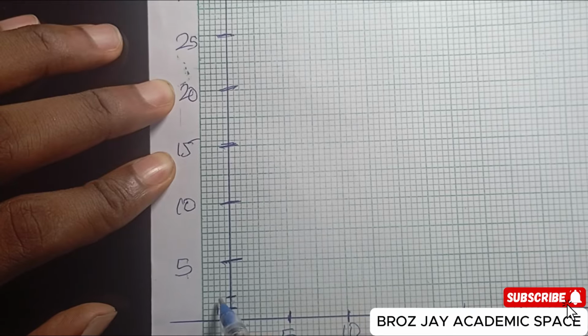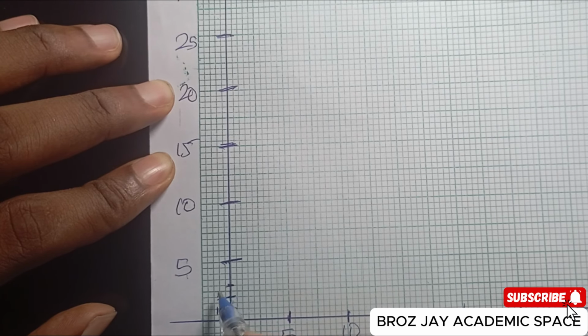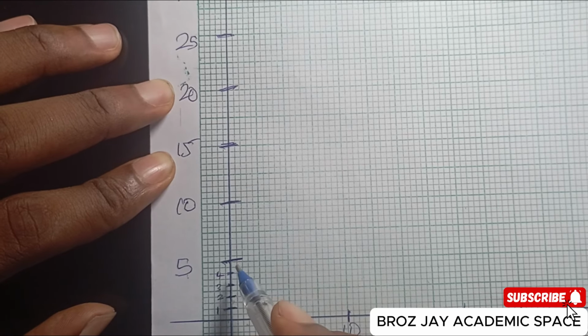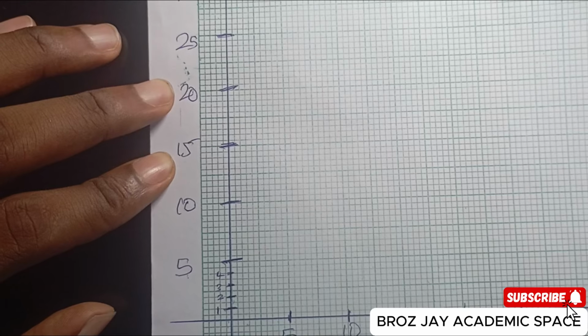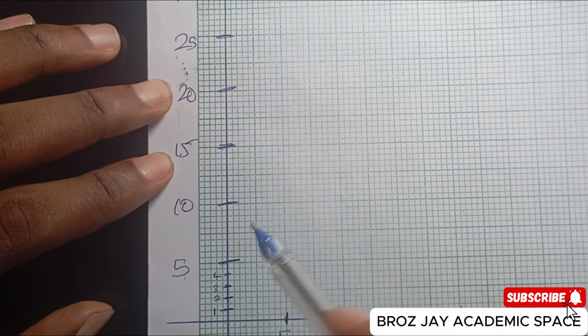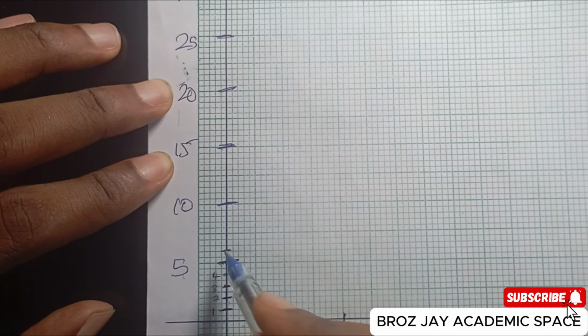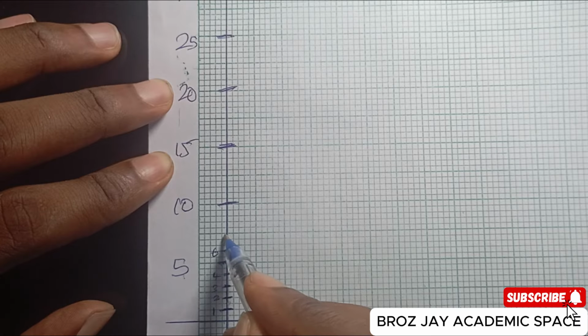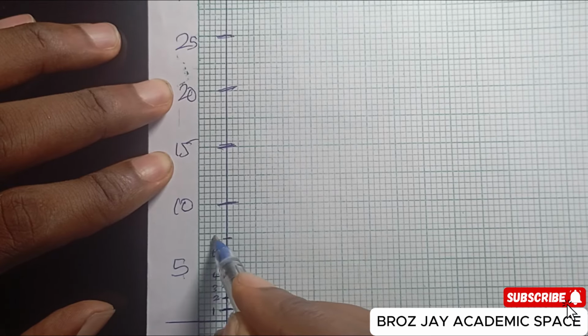The next two small boxes will be 2. The next two boxes will be 3. The next boxes will be 4. And this will be 5. Hope you understand. Same thing here. Next two boxes will be 6. Next two boxes, 7.